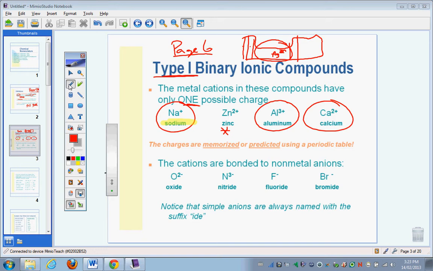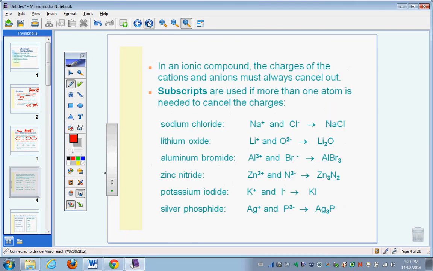Then let's put them together and make some compounds. Okay? One of the most important things to understand is simply based on grade 8 integers math, grade 7 integers math. When you put the cation and the anion together to make a compound, the charges have to cancel out.